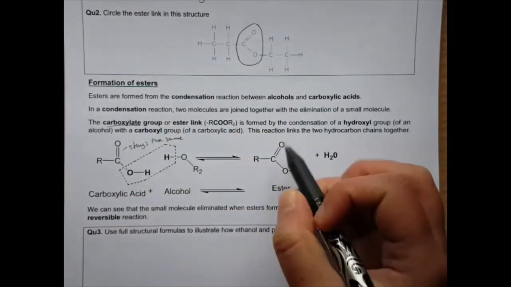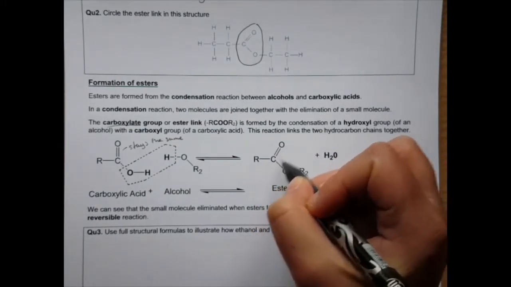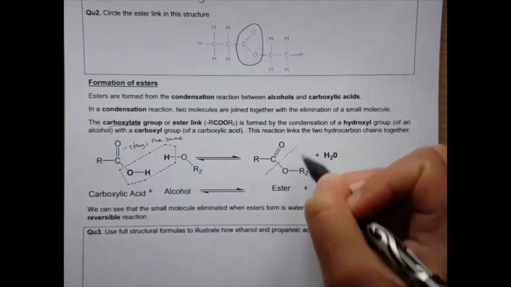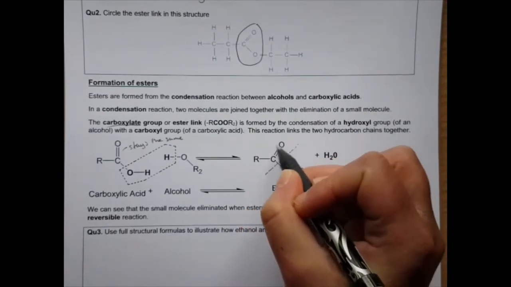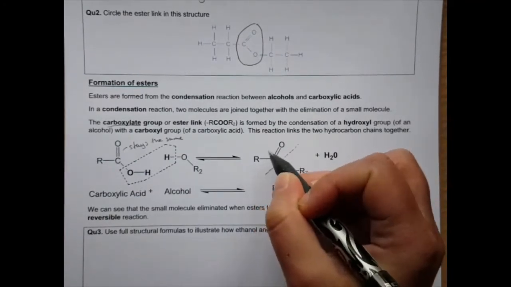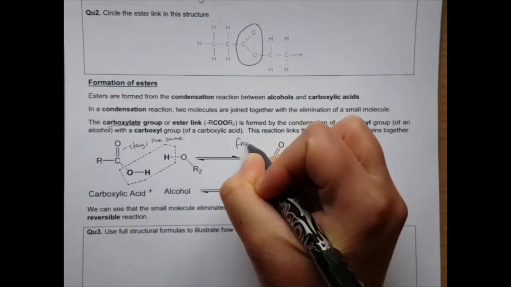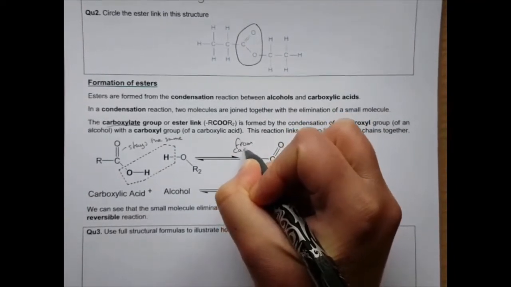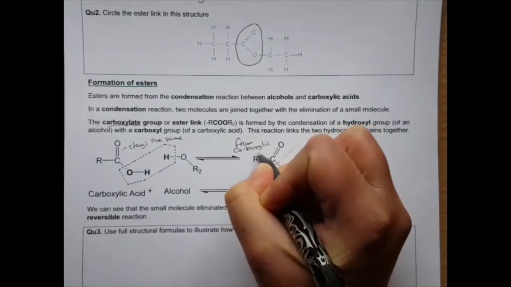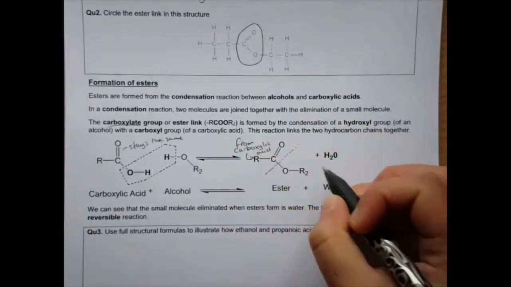Okay, so when we get our ester structure, if we can almost draw a dotted line along the structure, this half, the half with the carbon with the double bond to the oxygen, has come from the carboxylic acid.